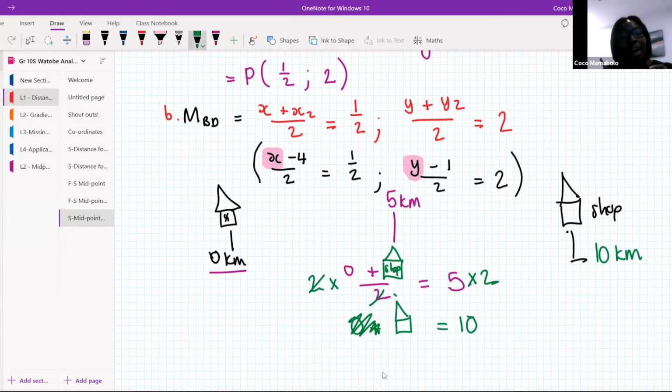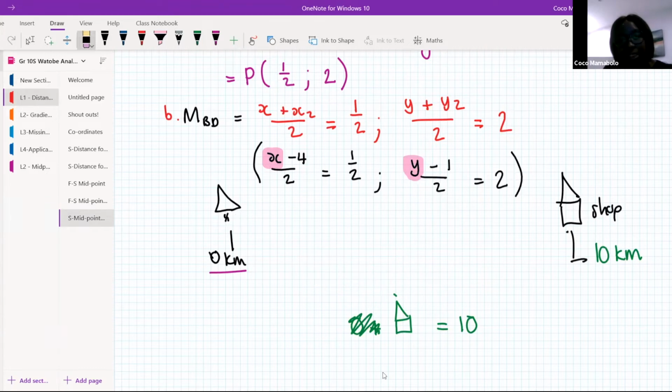But this time I've given you the midpoint and you need to find me the end point. That's where we're going with it. In order to find the end point, we're going to use the exact same formula, except what we're looking for is not the halfway, it's the end. I hope that makes sense. And that's why I've done this.